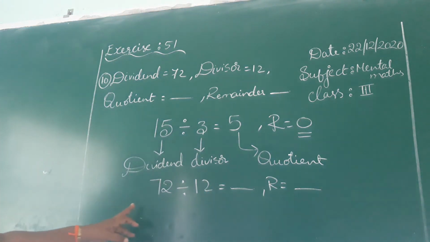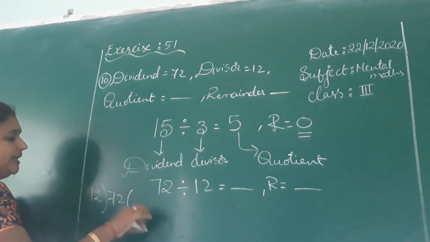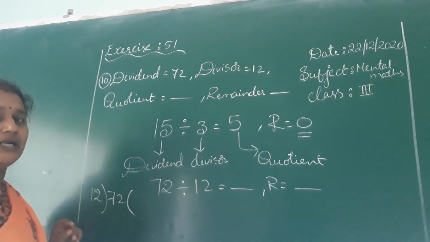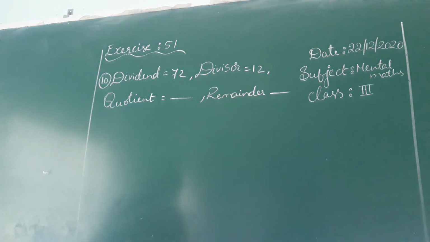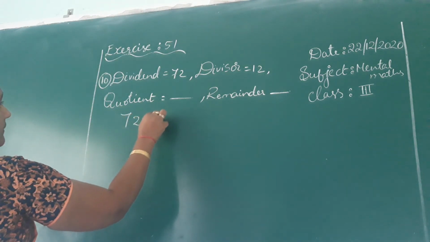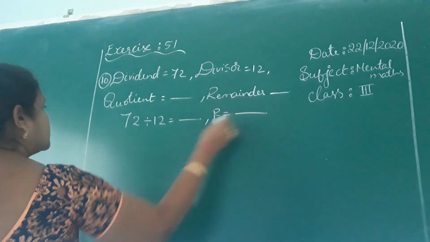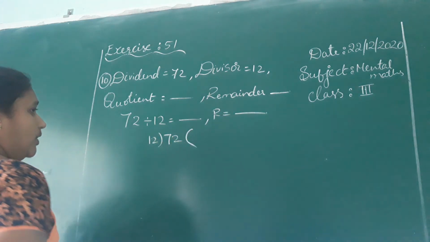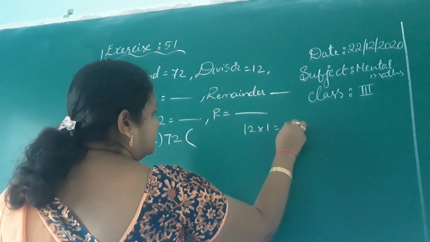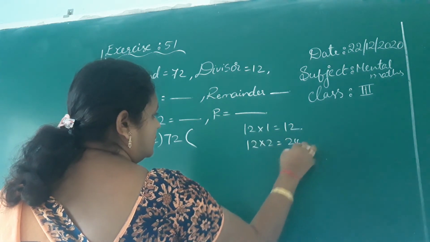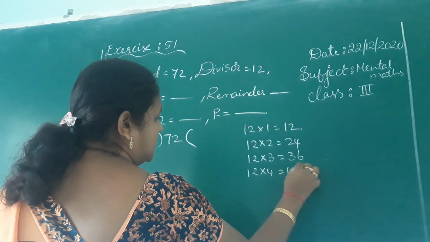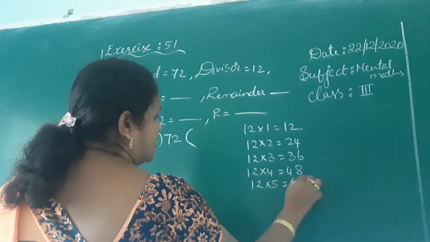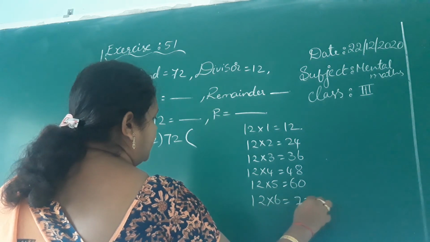That means you have to divide 72 by 12. In the 12 table, where does 72 come? Children, read out the 12 table. 12 ones are 12. 12 twos are 24. 12 threes are 36. 12 fours are 48. 12 fives are 60. 12 sixes are 72. Here we got 72.